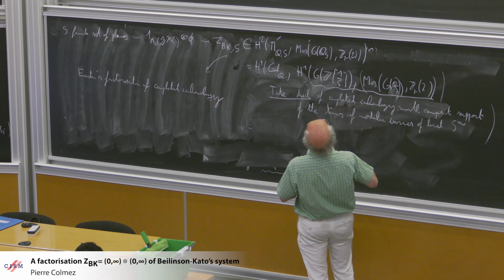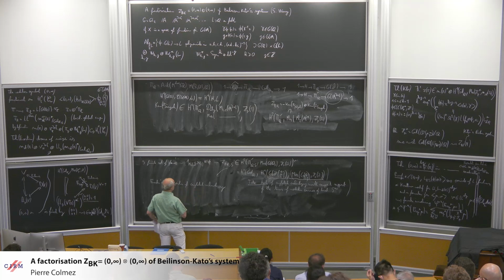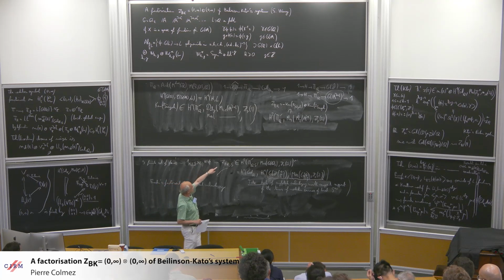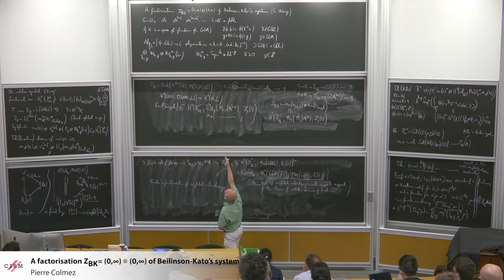And so you're going to evaluate this Beilinson-Kato S on this tensor product, and one of these elements is going to give you 0 infinity, and you are going to compare what you get with a tensor product of 2 0 infinity over there.